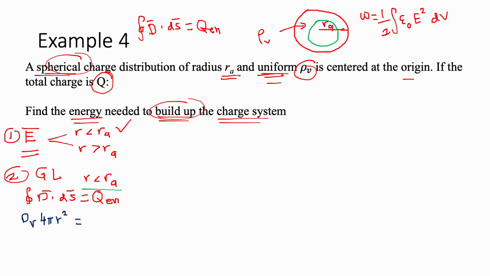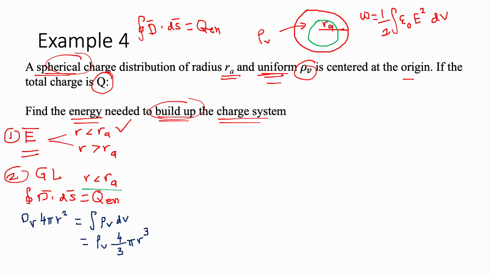And your Q enclosed is the integration of rho v dv, which inside the structure will be rho v times 4/3 pi r cubed.